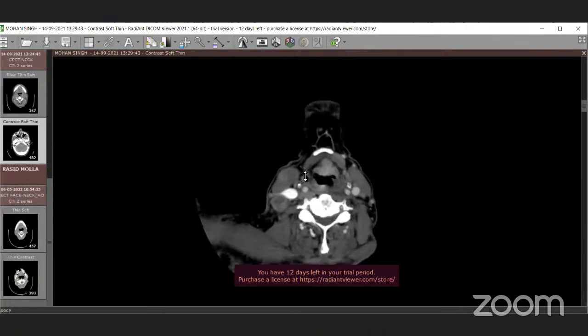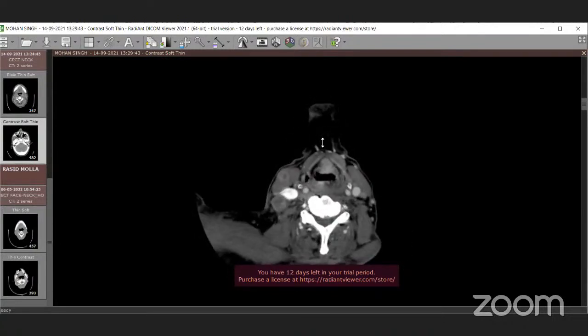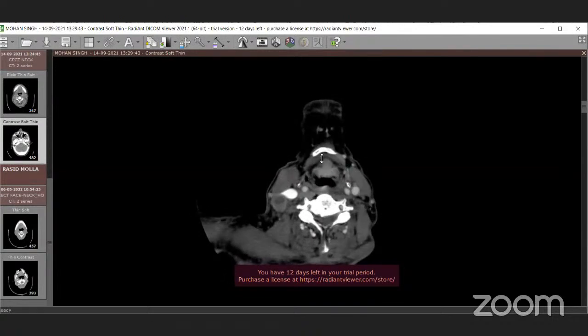And this line, anteriorly lined by the infrahyoid strap muscles, this hypodense line is the level of the thyrohyoid membrane.